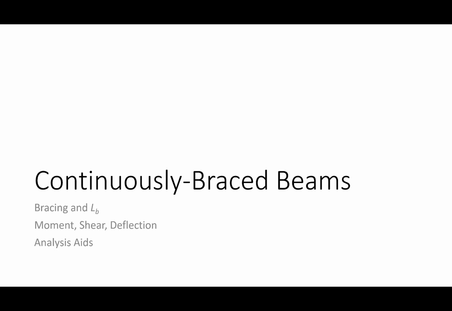Okay, and so I'm going to use the term zone 1 and zone 2. Okay? And zone 1 and zone 2, so this one is inelastic buckling and elastic buckling. Okay?